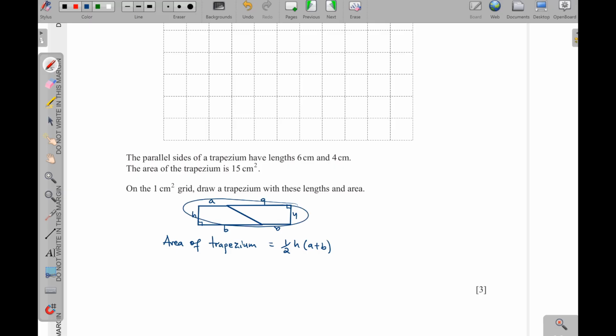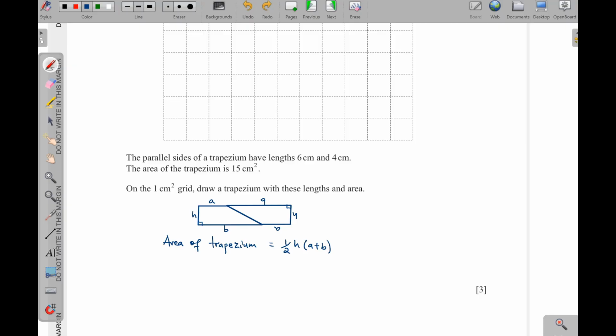The whole of it here is going to be a rectangle whose length is a plus b and whose width is h. So the area of that rectangle is length times width, a plus b times h, but this one has 2 trapezia. That means the area of one trapezium is a half of this area, which is how it comes to be a half h into a plus b. Is that clear?